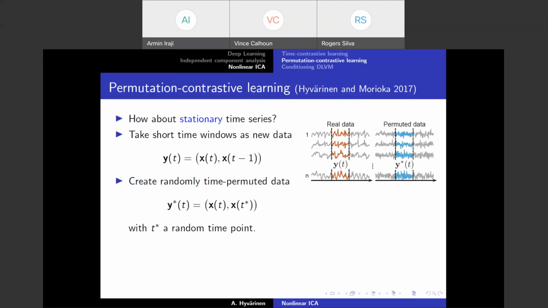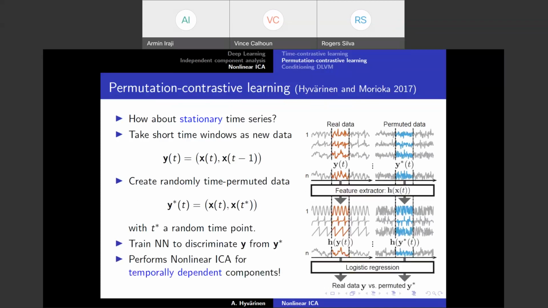Okay, and then what we do is that we create another data set, which is a randomized data set where we take time points which have no relationship to each other, completely random time points. So a time shuffled or time permuted data set where we break the temporal correlations or any temporal dependencies completely. And then we train a neural network to discriminate between these two.